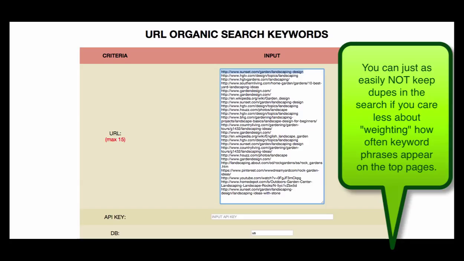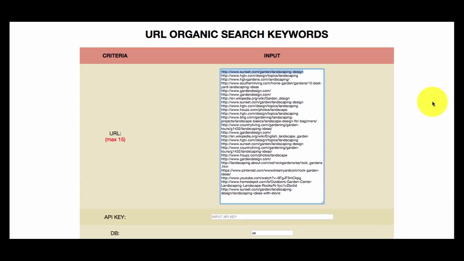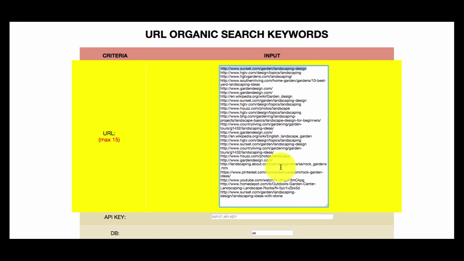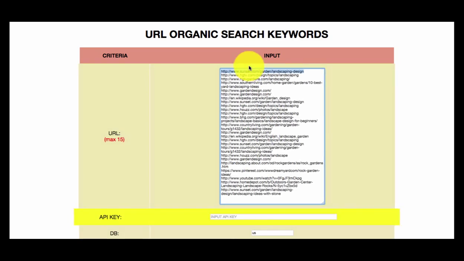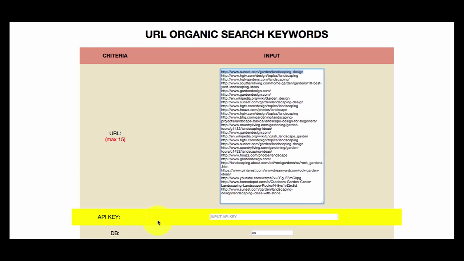So the really longer tail words are not going to appear as also being ranked for these pages. And again, be creative there. For example, if there's local intent that you're trying to get in here, just add the local word to these more national results that you're going to see. So I put those in, kept it at 15, put my API key, and did as I had shown earlier with respect to the other fields that need to be filled out.